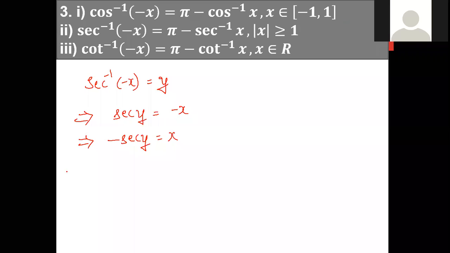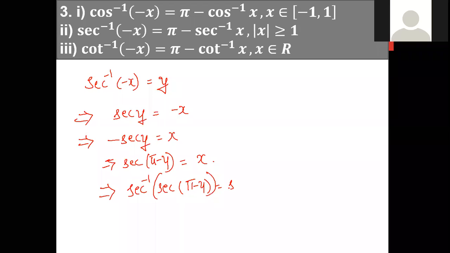Okay, so minus secant y can be written as secant of pi minus y. Correct? Yes, secant of 180 minus y is equal to x. I need secant inverse x. So if I apply secant inverse, what will I get? Secant inverse of secant of pi minus y is equal to secant inverse x.